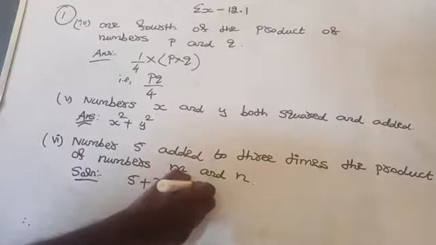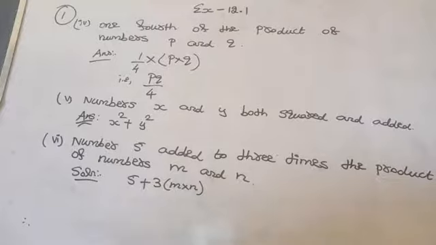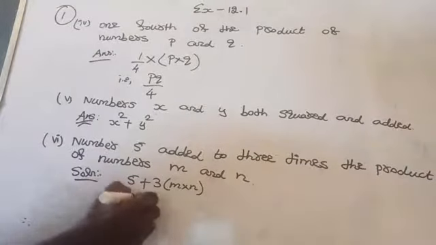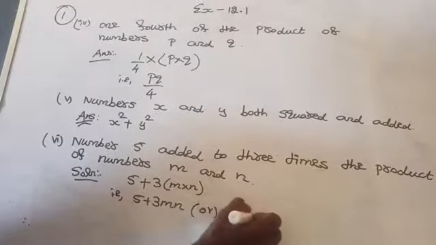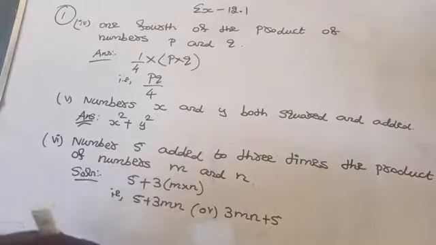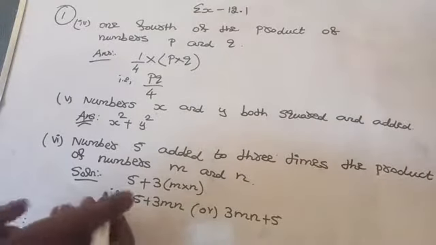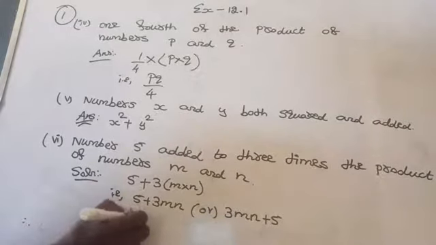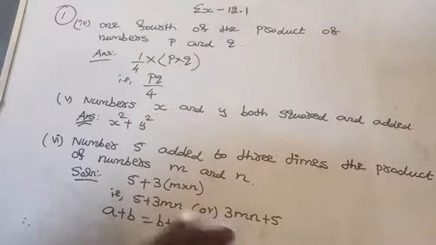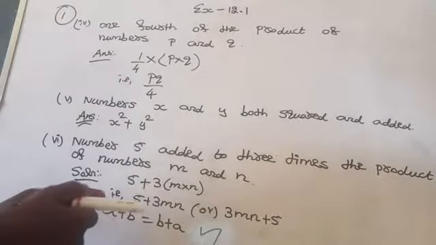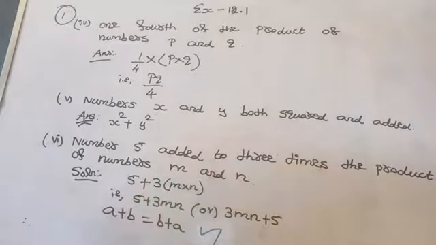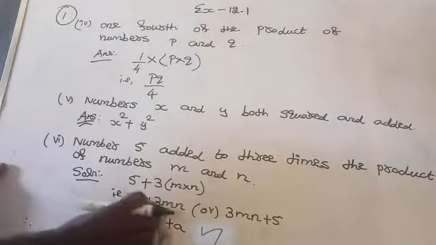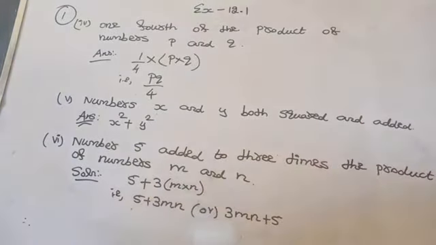So 3 into m into n, that is 3mn. The answer is 5 plus 3mn, or you can write 3mn plus 5, because the commutative property is satisfied under addition: a plus b equals b plus a. But under subtraction, 5 minus 3mn is not equal to 3mn minus 5. Please remember, the commutative property is not satisfied. Are you getting it? Yes.